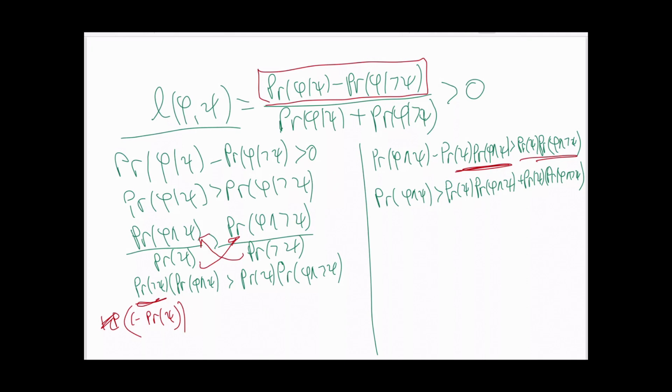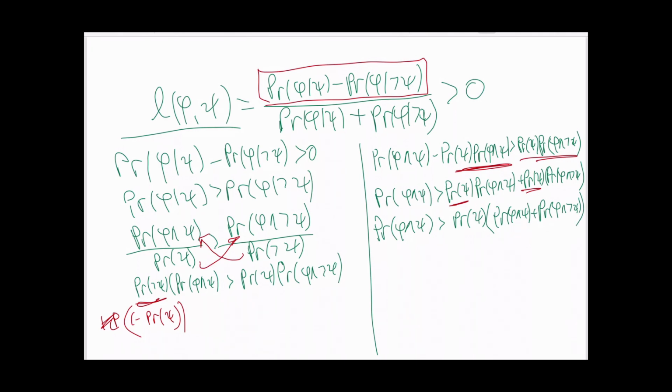Now notice that the probability of psi occurs in both of those terms, so we can pull that out. So we get that the probability of phi and psi is greater than the probability of psi times the probability of phi and psi plus the probability of phi and not psi.